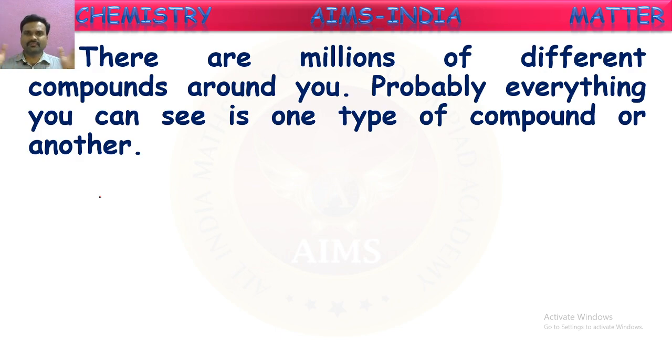There are millions of compounds. Even scientists are discovering some more elements day by day. So there are so many crores of compounds in the universe. Probably everything you can see is one type of compound or another. So whatever you see around you, it might be one type of compound or some other. Everything is made up of certain compounds, right?